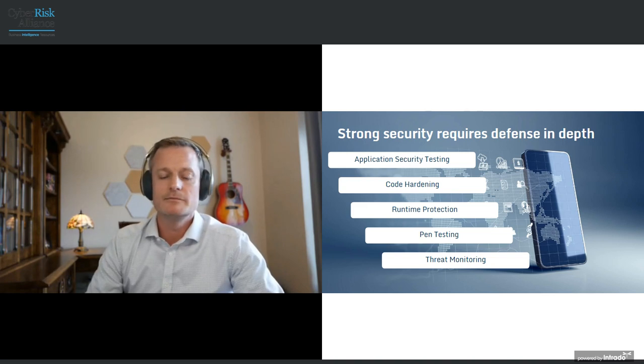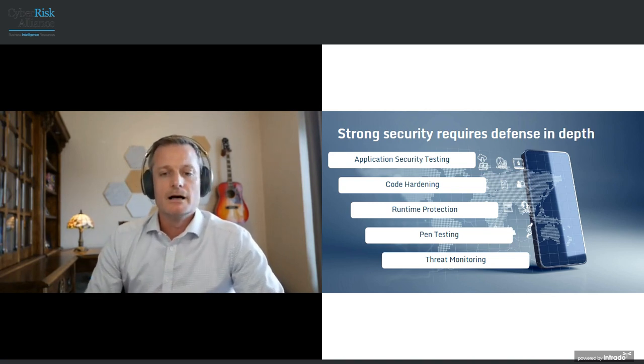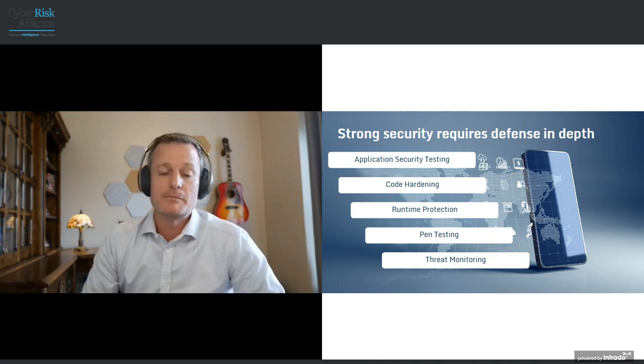And there's some great specialist firms that focus on mobile specifically, that know how to use all the reverse engineering tools and techniques, and can really help you evaluate the risk that still remains in your application that maybe you've missed in testing and through the hardening and protections that you put in place. And then lastly, we have threat monitoring.